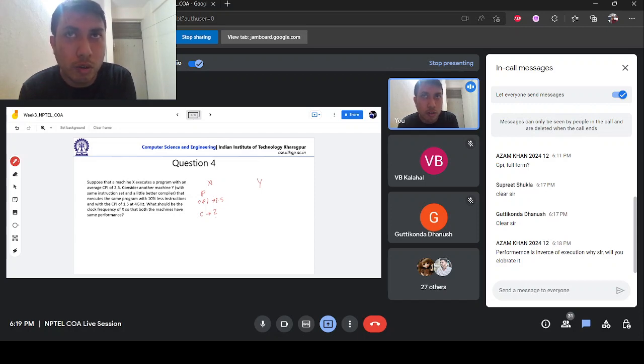Which do you think is a better computer? The one which takes less time or the one which takes more time? Obviously the one which takes less time. So the performance is obviously better for the one which has less execution time. That is the inverse. That is the fundamental, right?